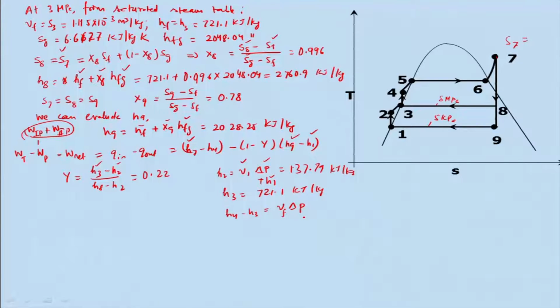So, you can get that as basically maybe 752, 7 kilojoule per kg kind of things.